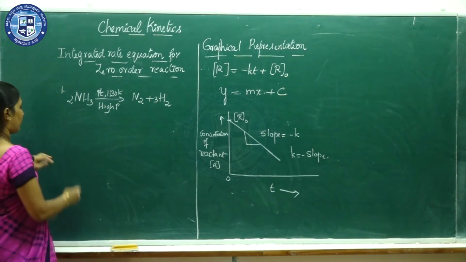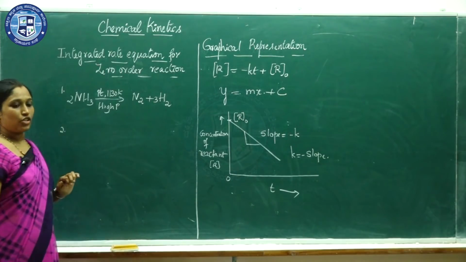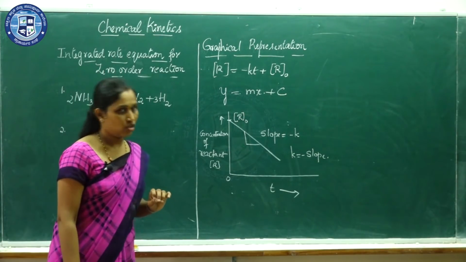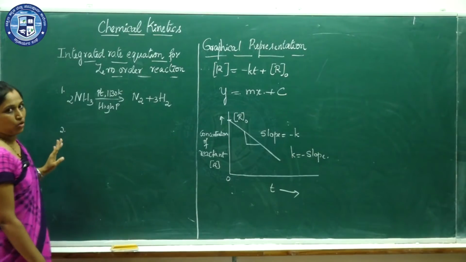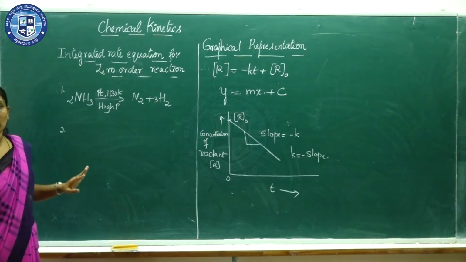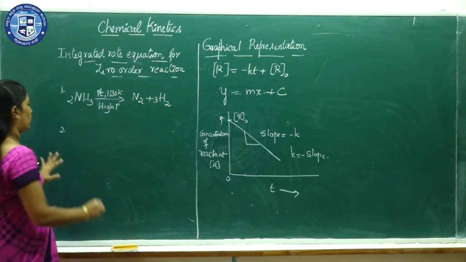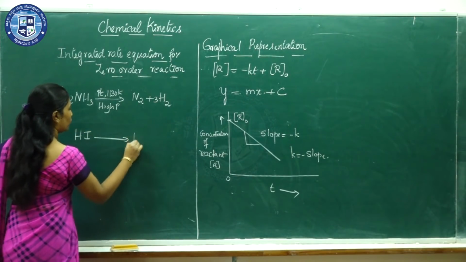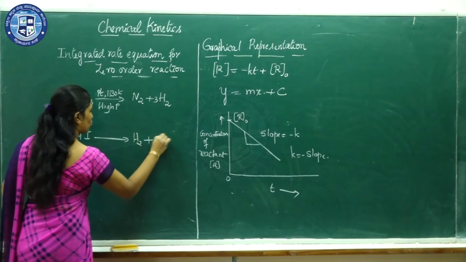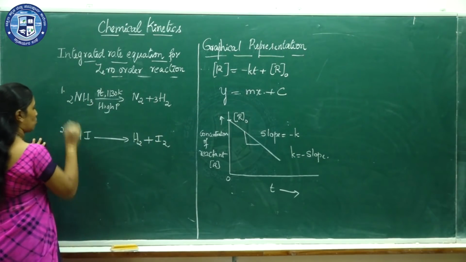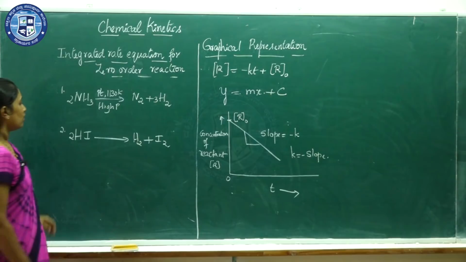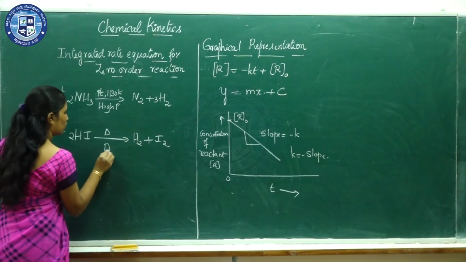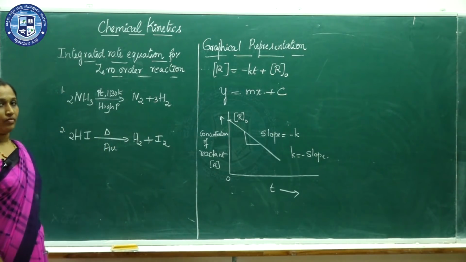Okay, one more example you can consider is decomposition of hydrogen iodide, that is actually thermal decomposition of hydrogen iodide on the surface of gold. Okay, so I will be writing that equation. HI decomposes to give you H2 plus I2, so it is 2 HI here, and then it is a thermal decomposition on the surface of gold.